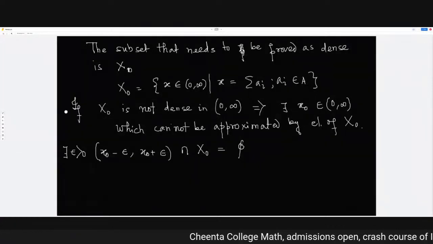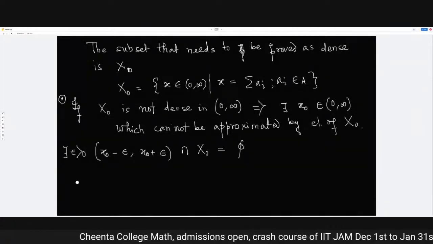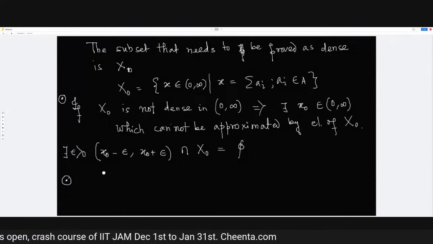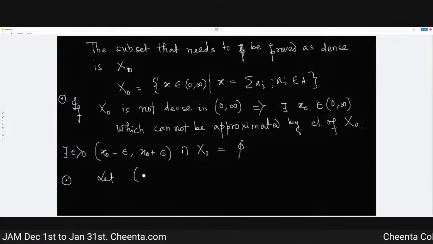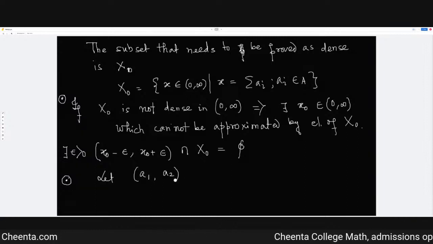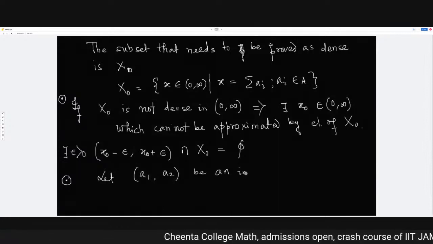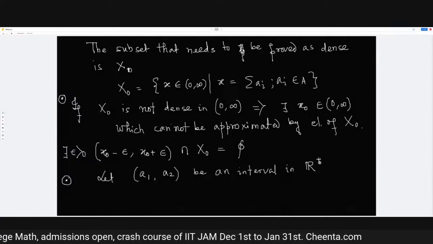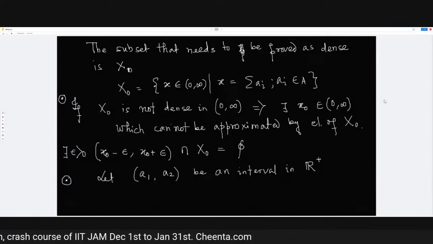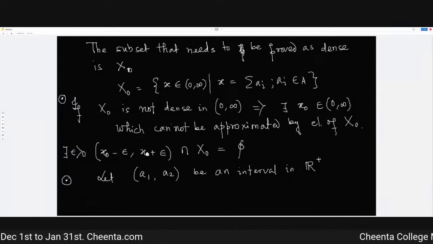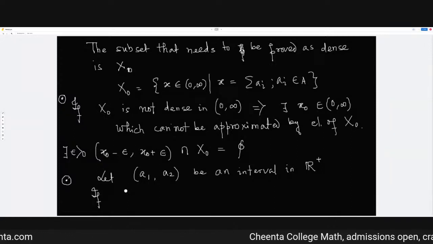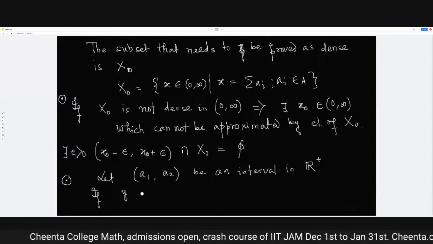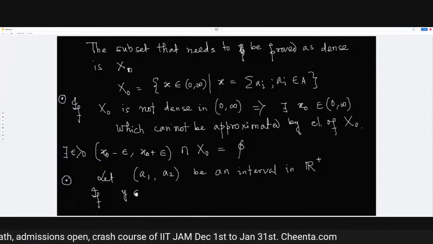Now the second thing that you need to understand is this. Let (a1, a2) be an interval in R positive. Okay, so suppose it's an interval in the positive section of the real line. Now let's say y belongs to R positive.